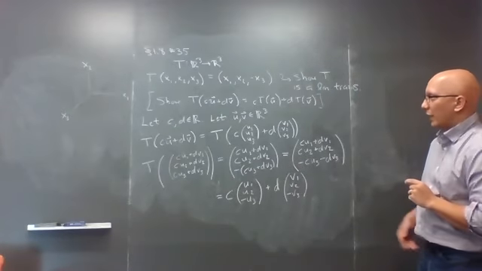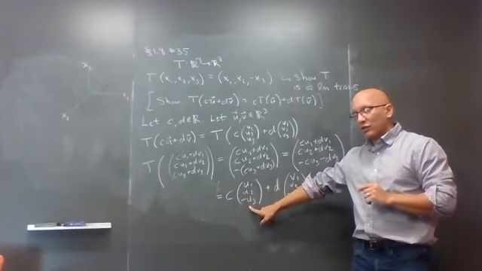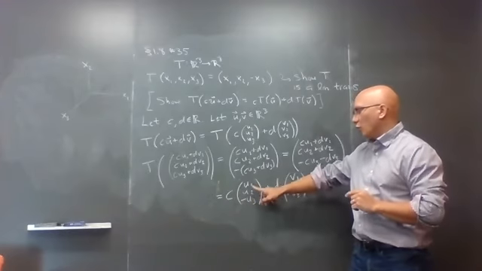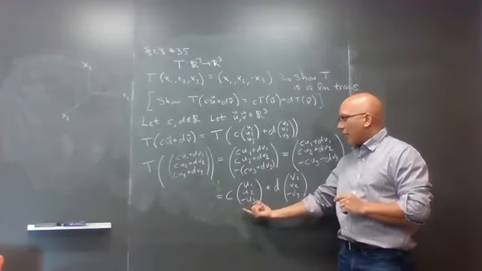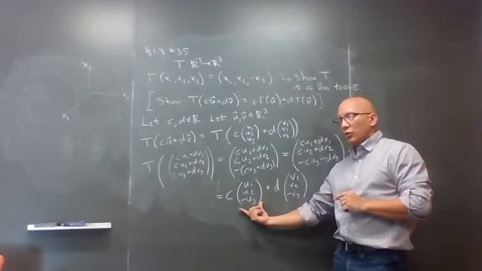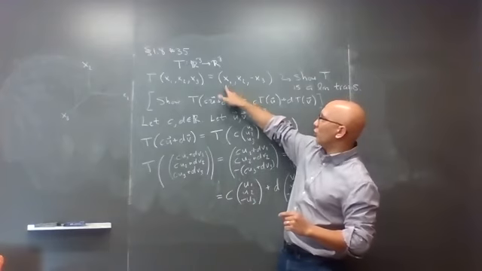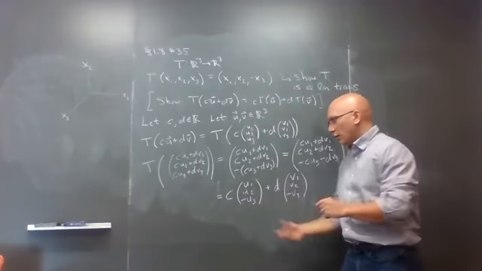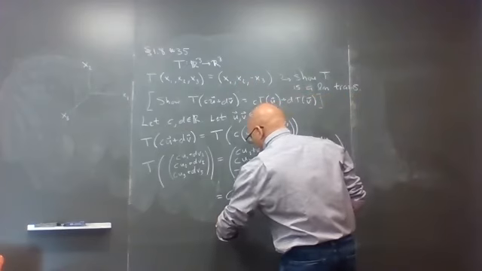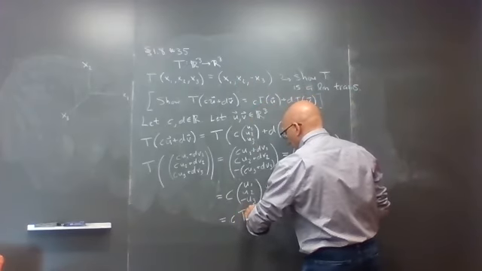This is great. Why? Look at the vectors I ended up with. u1, u2, minus u3 is not just a random vector. This is what happens if I plug the vector u into the function T. I'm going to get u1, u2, minus u3. So that's exactly what I'm looking at here. And so this first vector is c times the image of u.